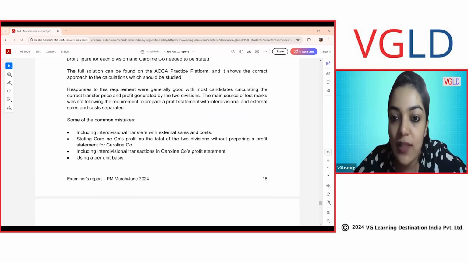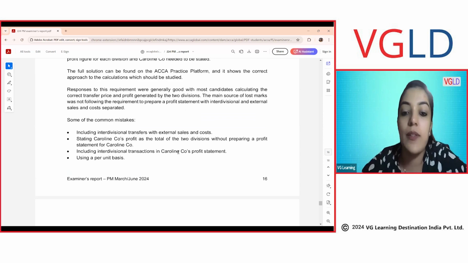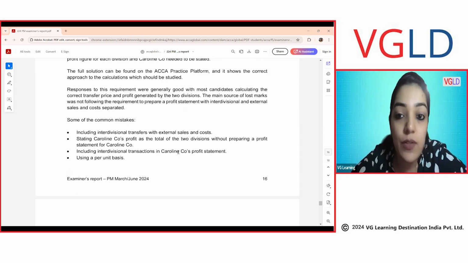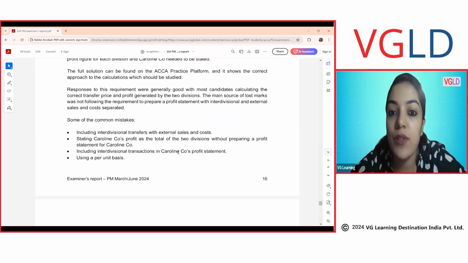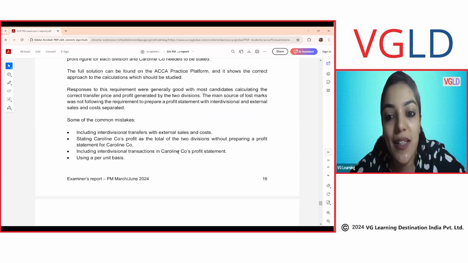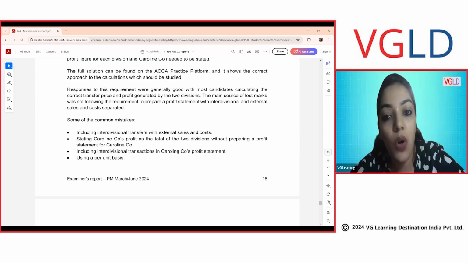So you may not understand what these are right now, but after a few topics have been covered in the syllabus, you'll be able to relate to this much more. So maybe in the middle of the course or maybe after the course completion, I would suggest reading 1 or 2 examiner's reports, because it gives you insights into what some students are doing well and some students are not doing well.